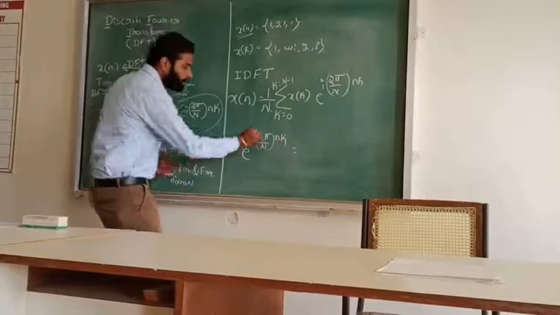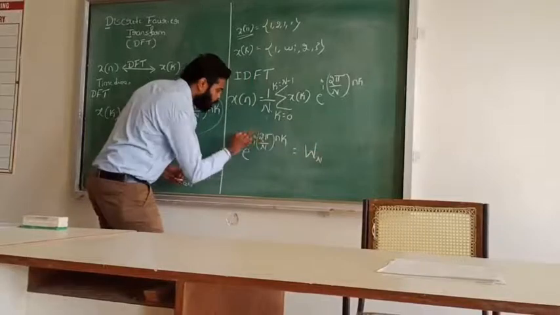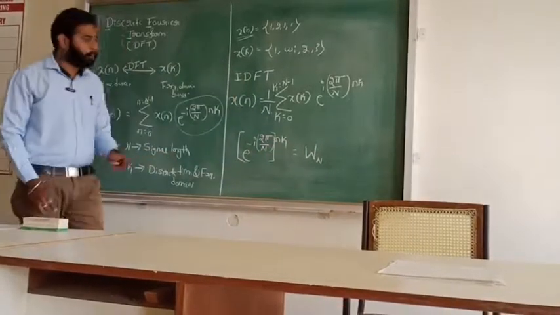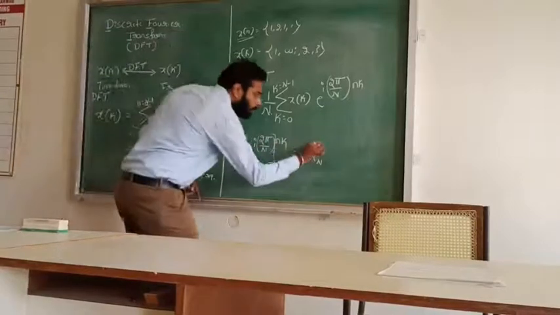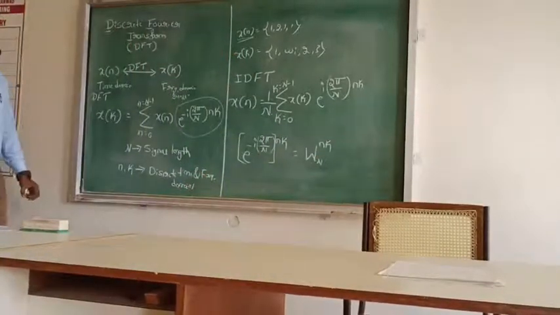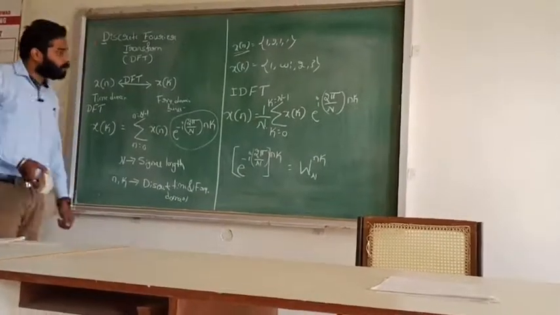The part e raised to minus I 2 pi by N is indicated by W N, so this is W N raised to n into k. Now we'll see a simple example.